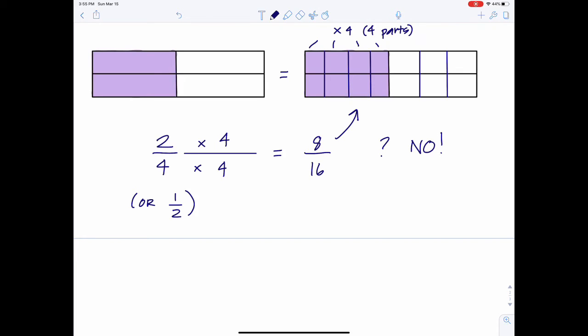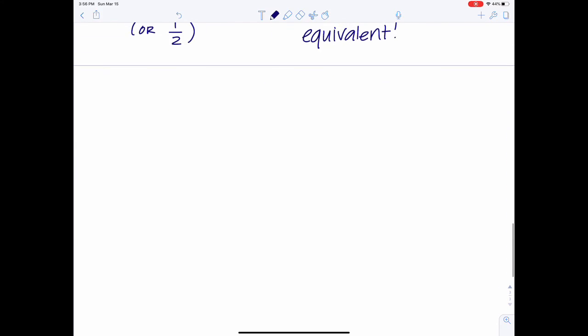And I have to do the same thing to the other side. Now I have 16ths, and I have 8 shaded 16ths. So 2/4 is also equal to 8/16, and we have found another equivalent fraction.